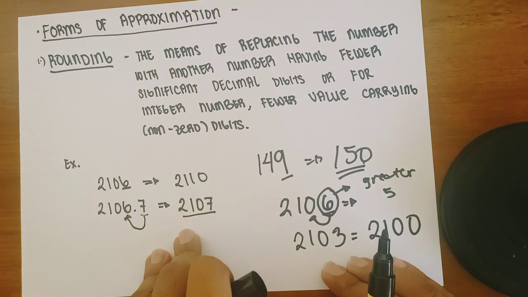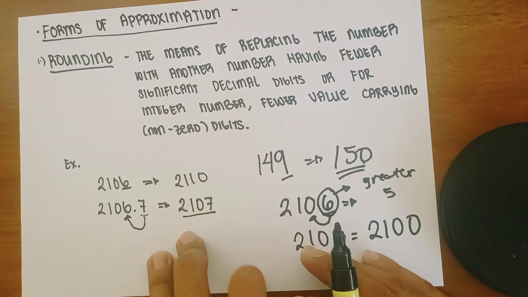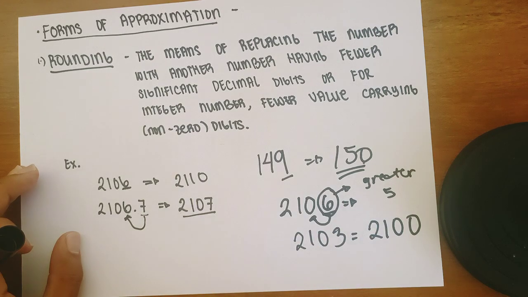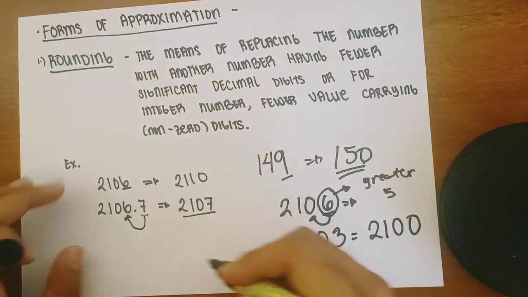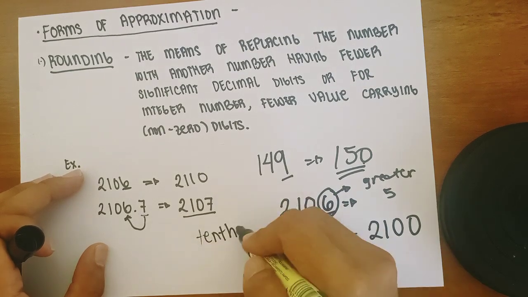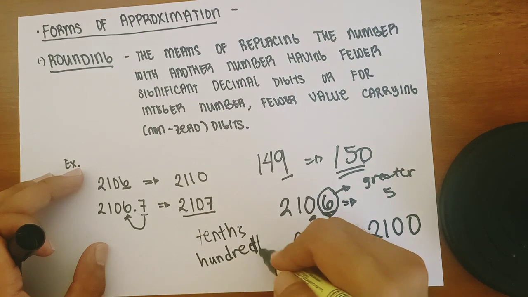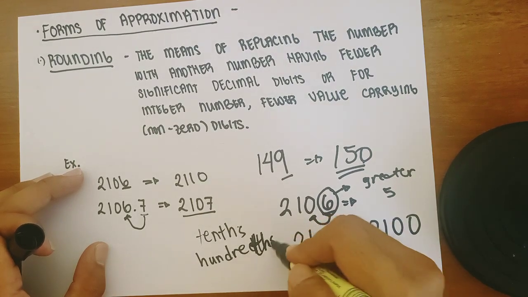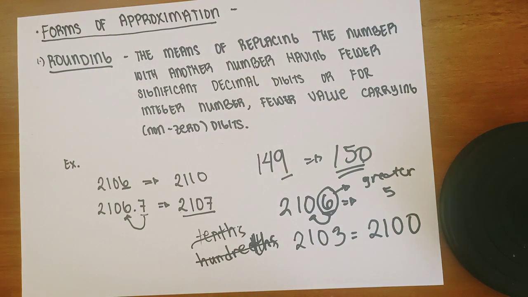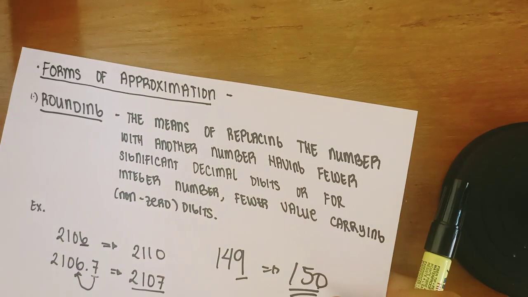So, may mga ibang rounding off where sinasabi na round off to the nearest tens, hundreds, thousands, as well as round it off to the nearest tenths, hundredths, tama ba? Basta ganun. So, more on ganun lang yung form of approximation when it comes to rounding off.